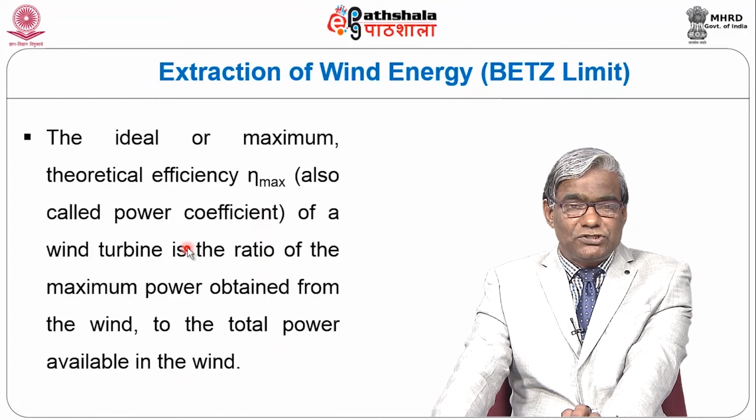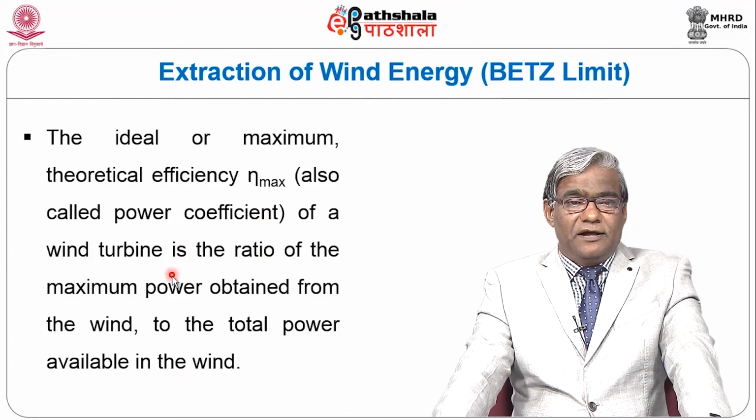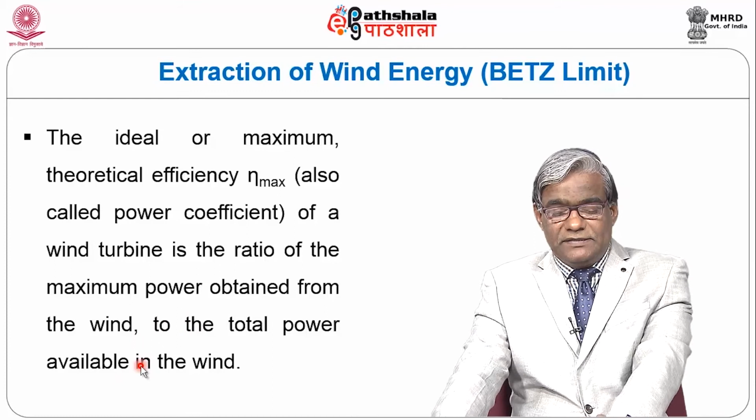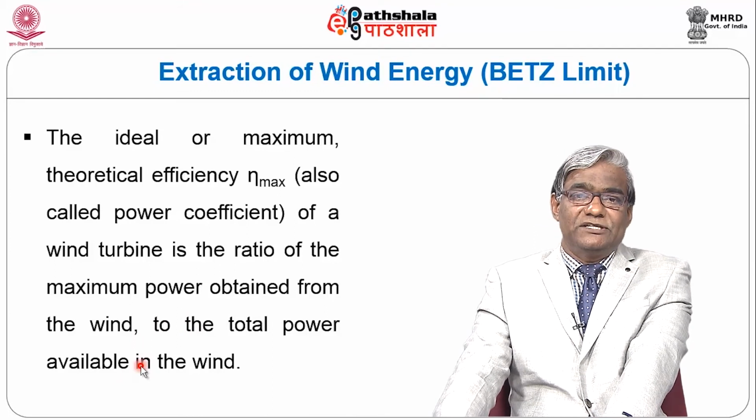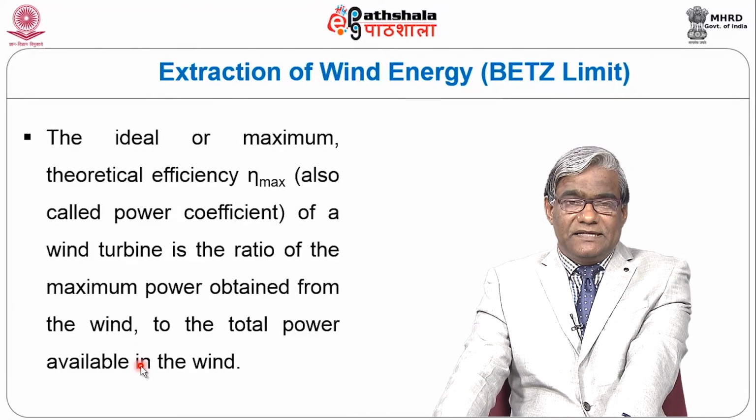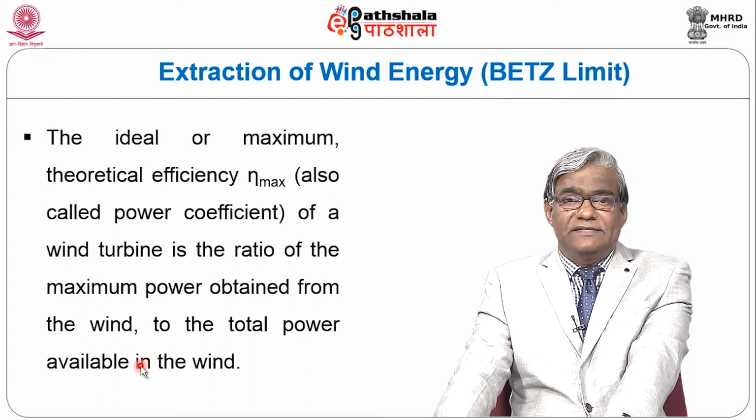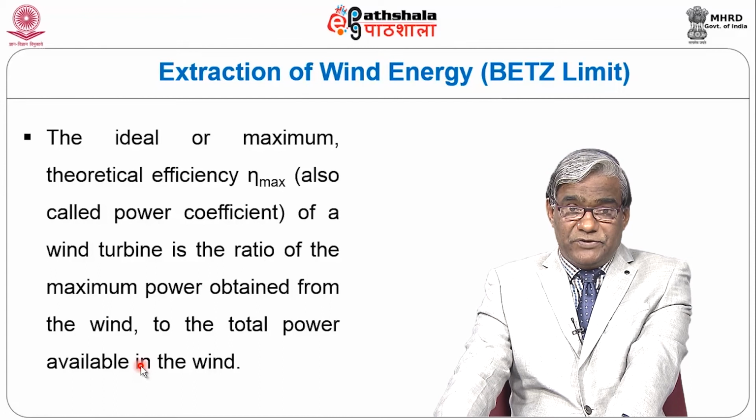Eta max, also called the power coefficient of a wind turbine, is the ratio of the maximum power obtained from the wind to the total power available in the wind. This is about extraction of wind energy. That is the theoretical limit, the Betz limit, and we arrive at it from Bernoulli's equation.